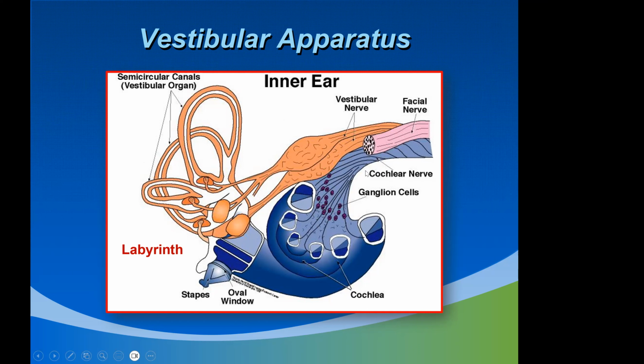The blue part is the cochlear part and the brown part is the vestibular part. There are ganglions inside the cochlea, and there are small specialized cells, otoliths, in the labyrinth and the vestibule.